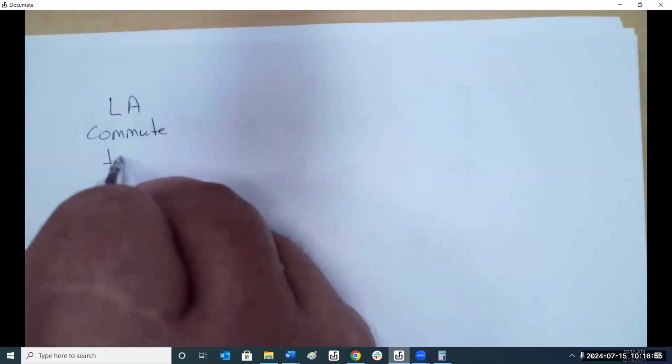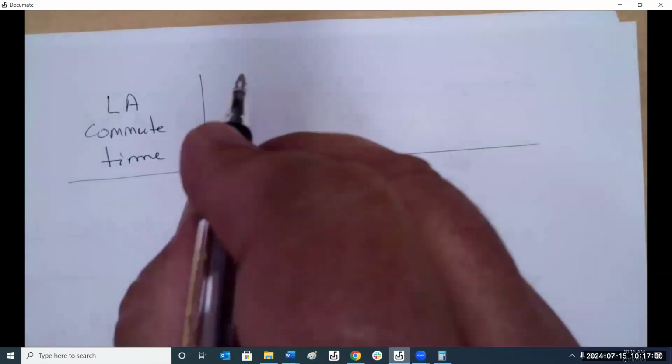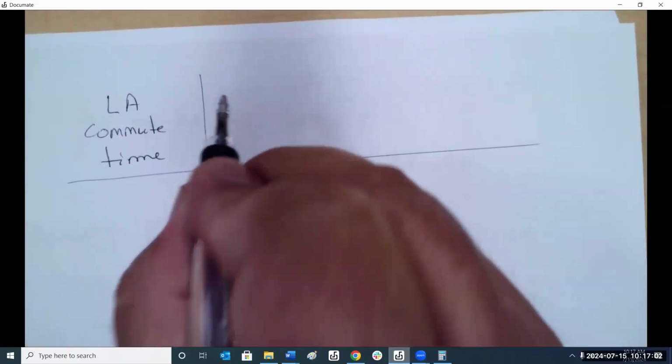All right. So far we had pretty small data sets. What if we had larger data sets? How would we do that? For example, remember the LA commutes? Yesterday's example was the LA commute time.